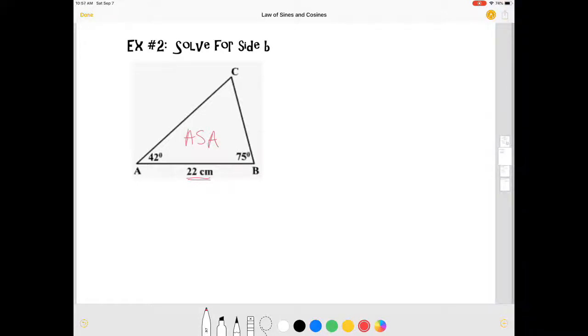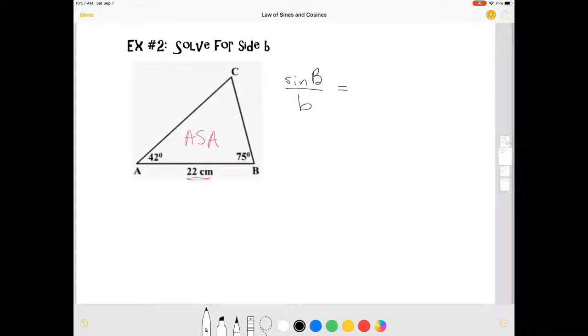I know two of the angles and the side that is, in a sense, included between them. So what am I solving for? I'm solving for side B. So that means in the law of sines, I need the sine B ratio because it includes side B. And in the other ratio, I have to know both of the numbers because in the first ratio, I'm already missing a number. So I can't have any more than one missing number.